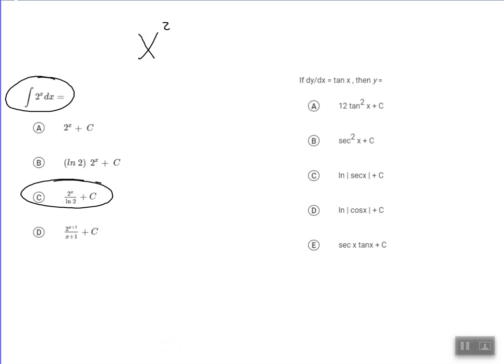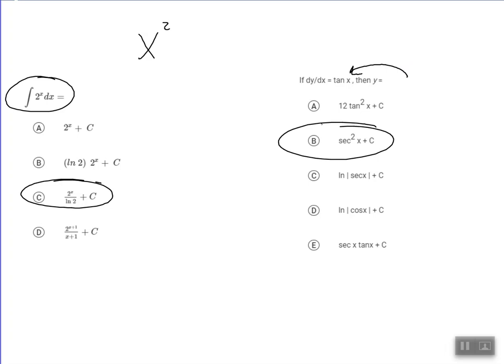Like if I'm trying to integrate cosine, then it might be helpful to think about, oh, when I take the derivative of sine, I get cosine. So you kind of have to think, what would I take the derivative of to get tangent? We're working backwards. And if you remember, it's secant squared. So there's really no method to these types of problems on the AP test. You really just have to have those things memorized.